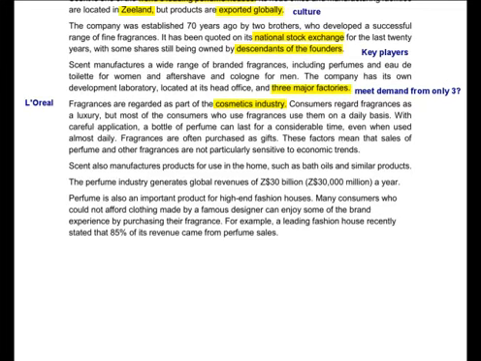So that could be an interesting fact for you when you're doing some of your own research in preparation for the exam. It might be a good idea to suggest that scent does something similar, because L'Oreal are the leading player.